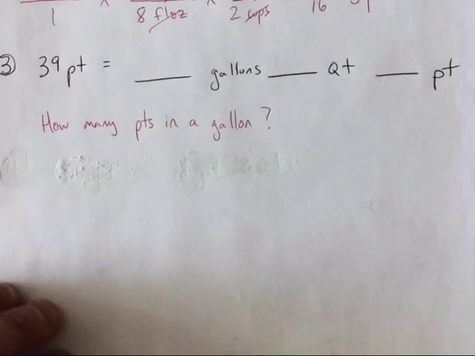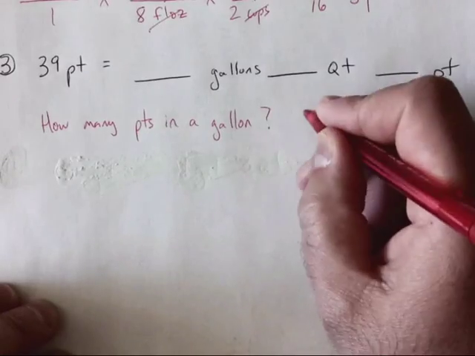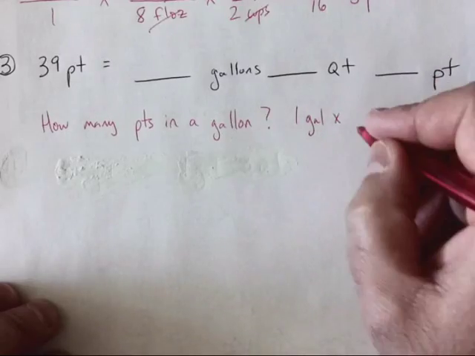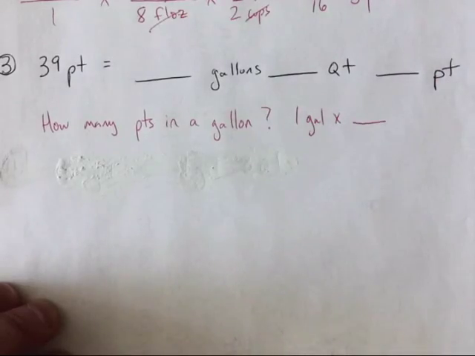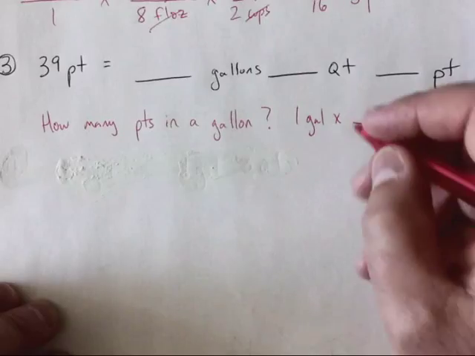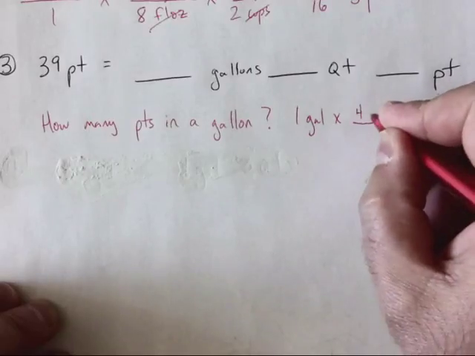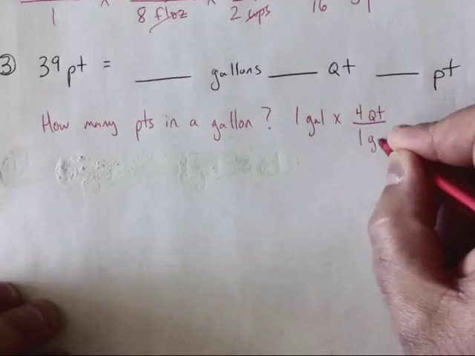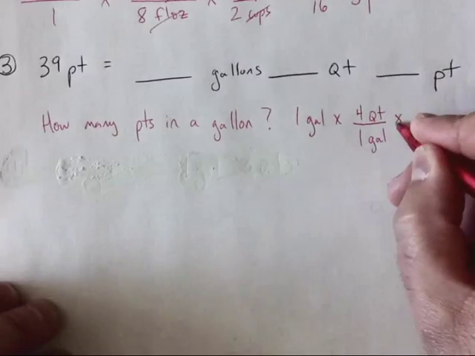So we're essentially going from gallons to quarts. So 1 gallon, and we know there are 4 quarts in a gallon. So 4 quarts in 1 gallon. So gallons are going to cancel.